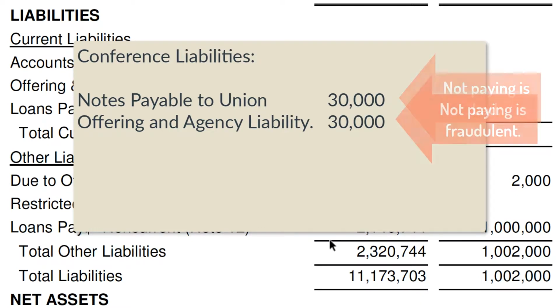Not repaying that money is fraudulent, since the conference would basically be strong-arming the money that belongs to the union. Both show up as a $30,000 liability on the conference, but not repaying the agency debt is much more serious.